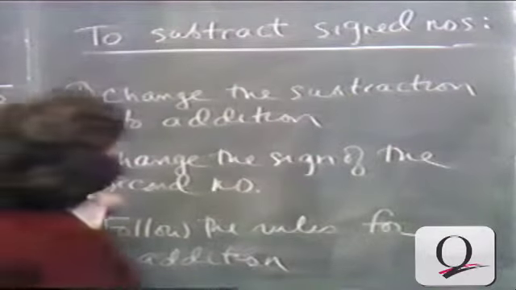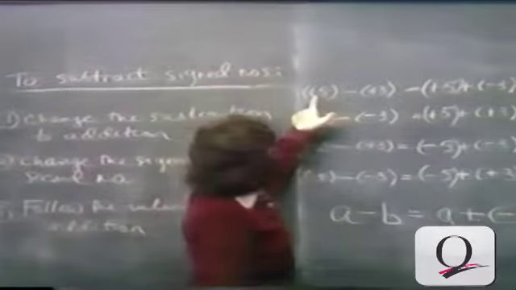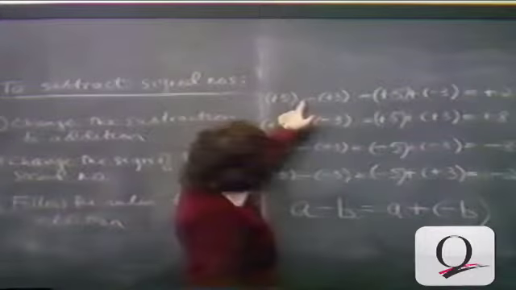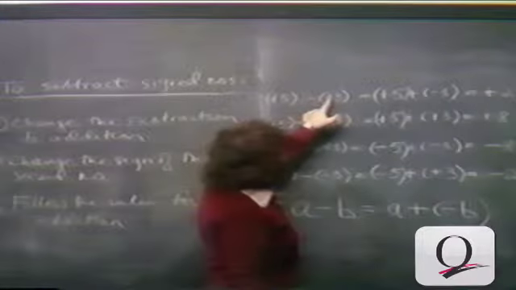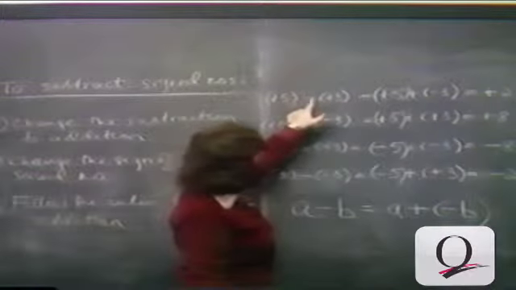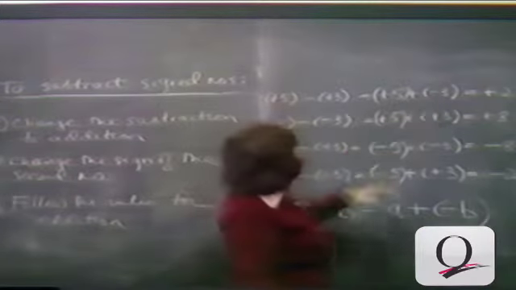Let's look at these examples once again with the rule. In the first problem, plus 5 take away plus 3, we change the subtraction to addition, and we change the sign of the second number, or write down the opposite of the second number. So it's plus 5 plus a minus 3. And we already know how to add signed numbers.